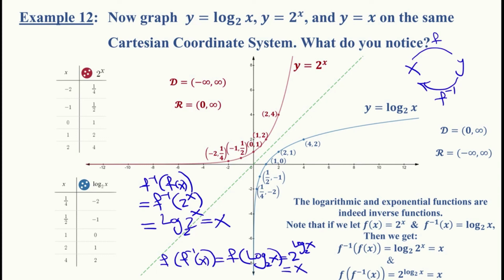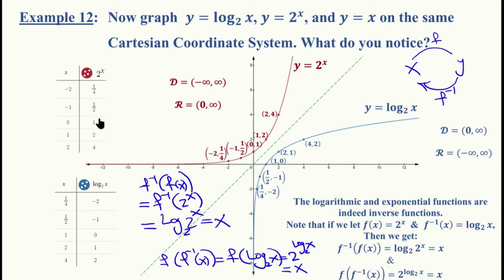That's also just x. So here we showed it for the case of base 2, but imagine replacing all these 2's with b. Then you have proven it for all exponential functions and logarithmic functions of base b. So yes, in general, these functions are inverse functions.